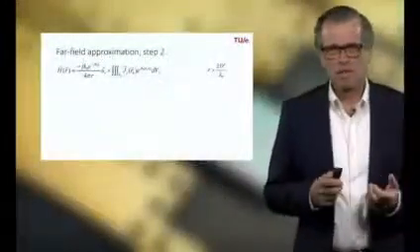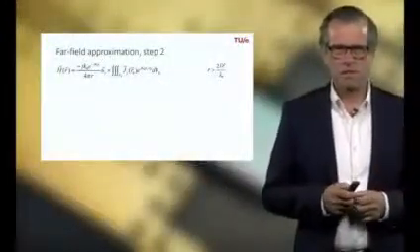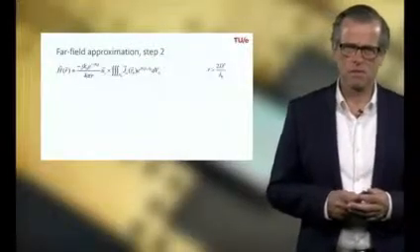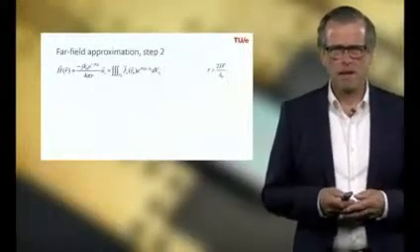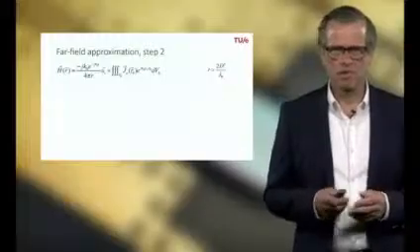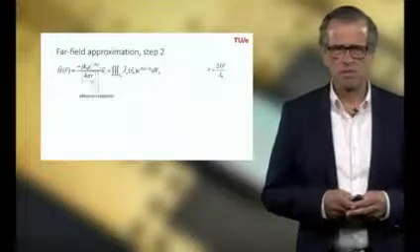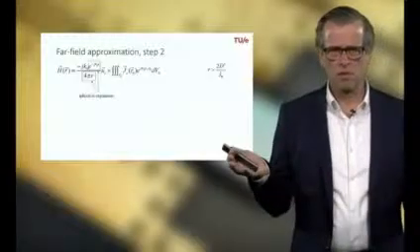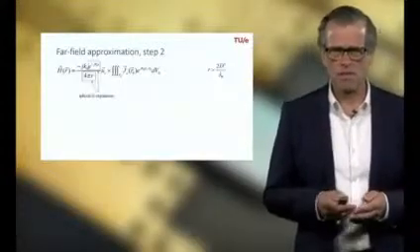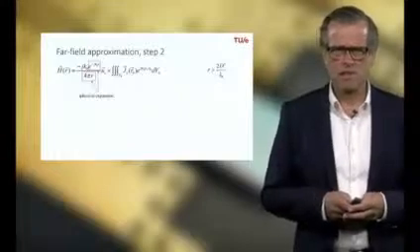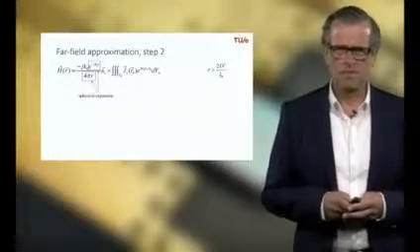Okay, so we have now derived this expression for the magnetic field, and we use the approximations for R and D, and we have derived also the far field condition. So let's have a closer look at this expression now. We first observe the spherical expansion of this wave, so the 1 over r and the exponential phase relation.